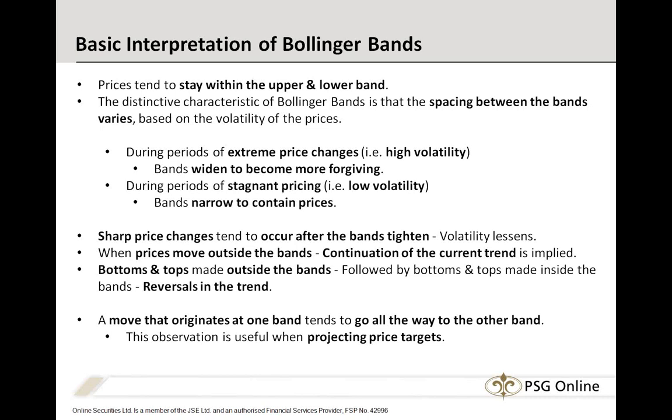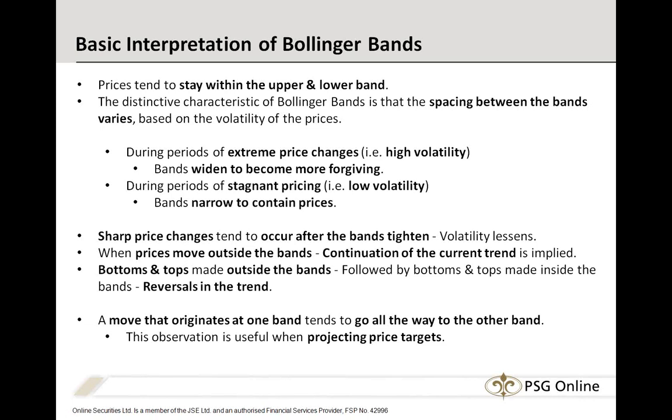Okay, what you want to do is when they move outside those bands, that's when you're going to get excited. During periods of extreme volatility, price changes, obviously those bands widen. Okay, and when it gets a bit calmer, less volatility, obviously those bands narrow. But you'll find that the prices usually stay within those periods, but there's times when they get outside it, and that's where I believe there's opportunities.